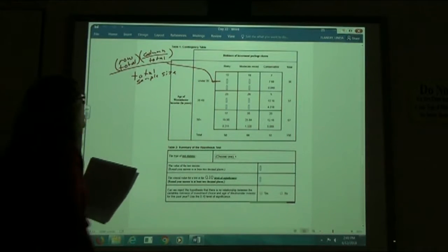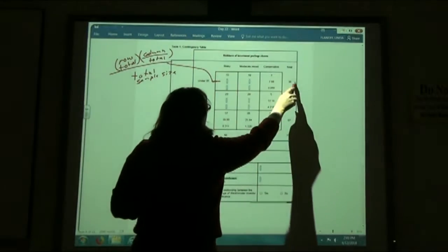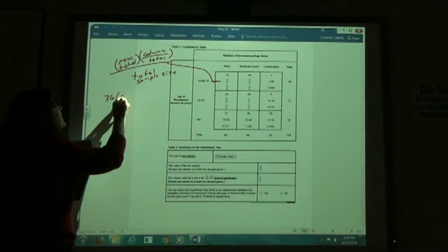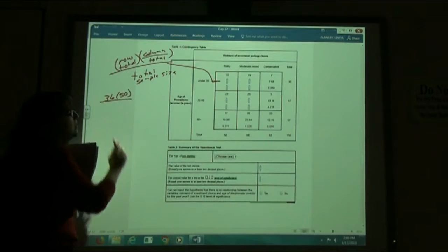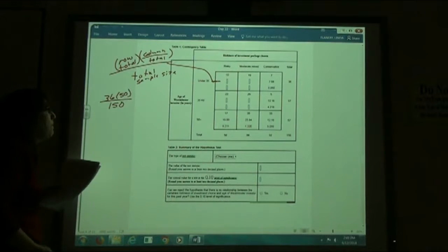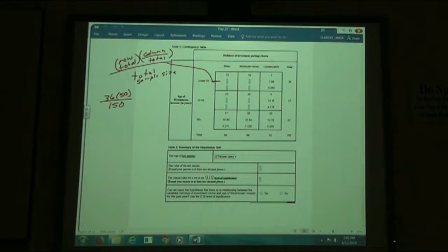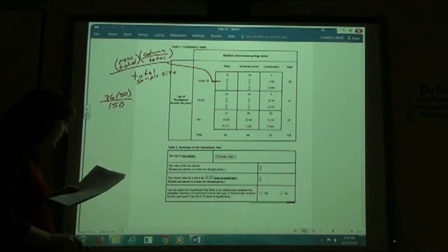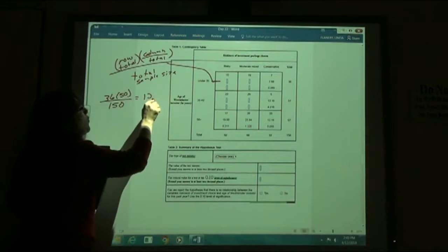So on the first one, my row total is 36, my column total is 50. So 36 times 50 divided by my sample size of 150. If you go ahead and do that calculation, you get an answer of 12.